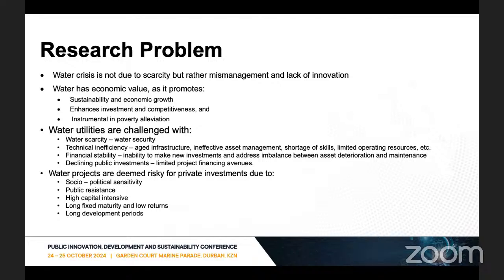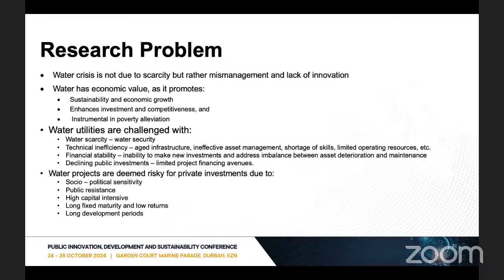There are also critical issues of financial stability, which relates to the inability of the institutions to make new investments, and also being unable to address the imbalance between asset deterioration and maintenance. There's also a declining public investment, which is mainly due to limited project infrastructure avenues.